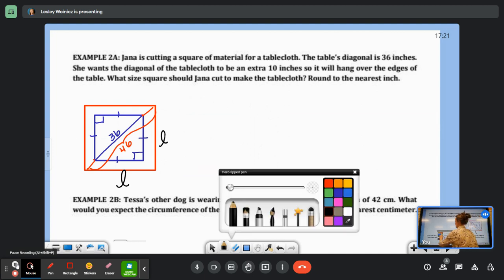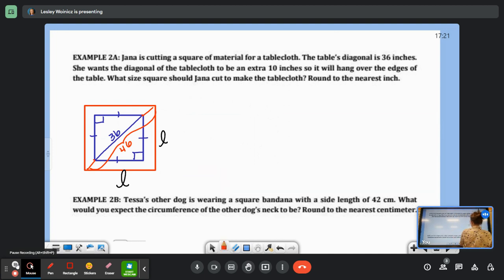So really, the important thing we need to know is that I have a diagonal of 46, and I have a right triangle that's a 45, 45, 90. So this is one where I have to divide by the square root of 2.